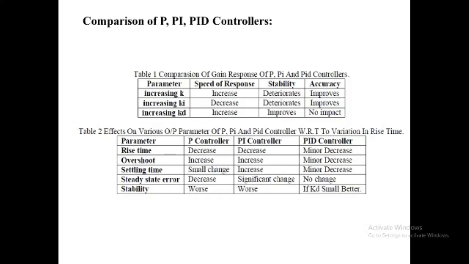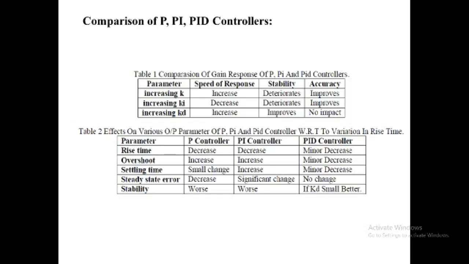As we can see, there is a decrease in the rise time, overshoot, and settling time, and there is no change in the steady state error. This PID controller is better than P and PI controller.